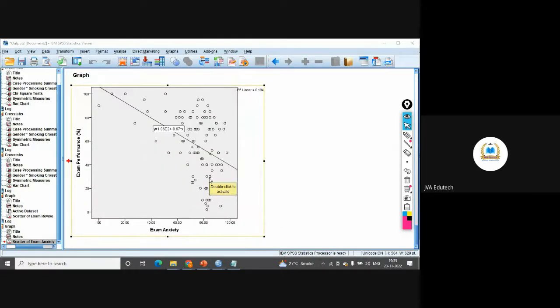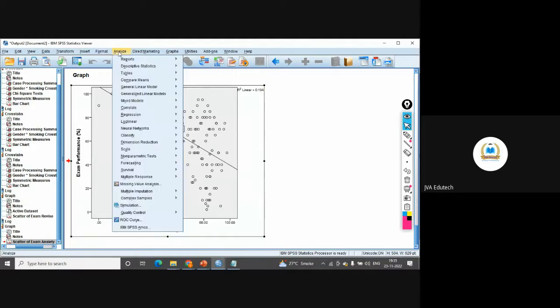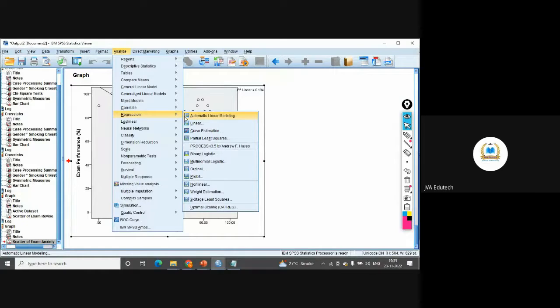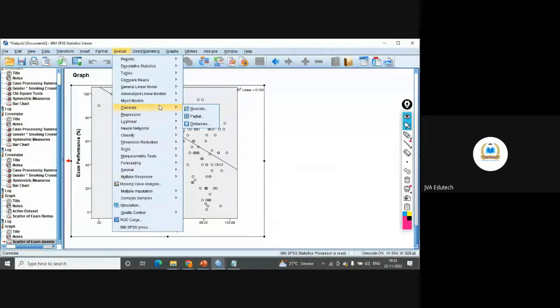But what is the strength of this relationship? So this is an exploratory graph, exploratory data analysis to see whether there is some correlation among the variables or not. Now let's do a Pearson correlation. So go to analyze, correlate, and Pearson is the kind of bivariate correlation.